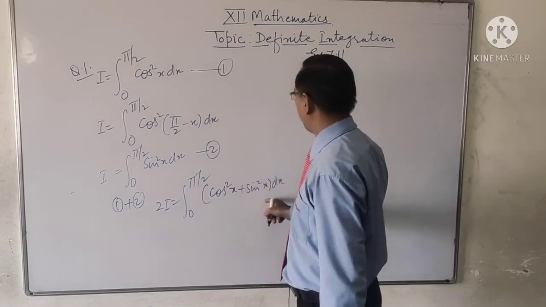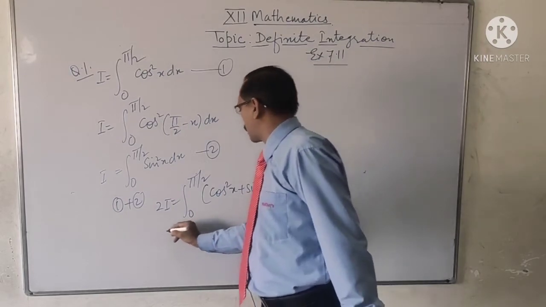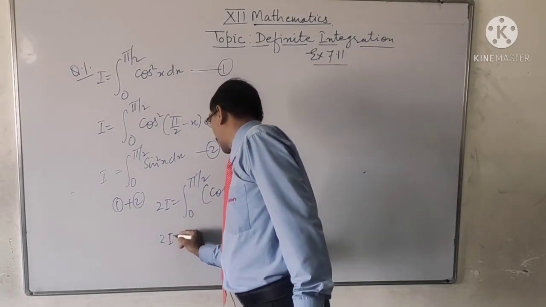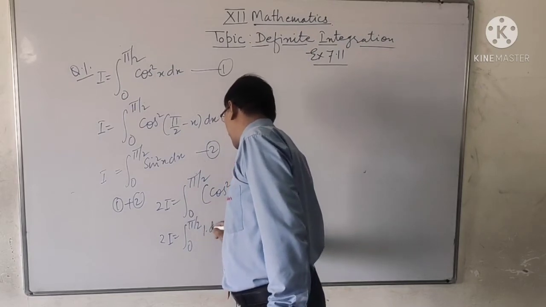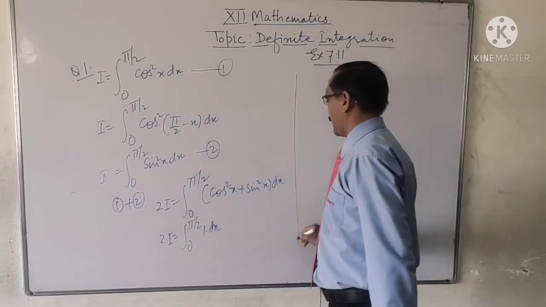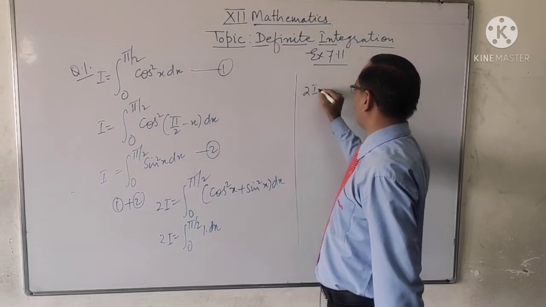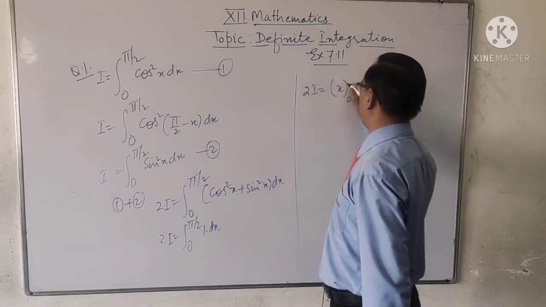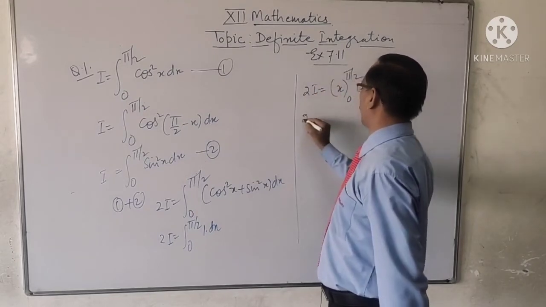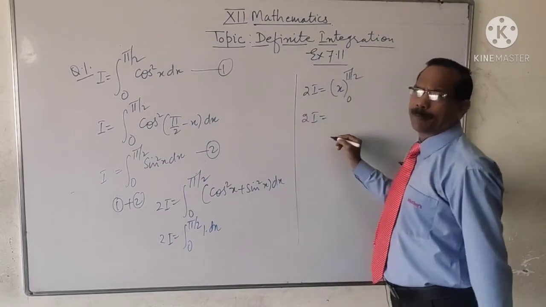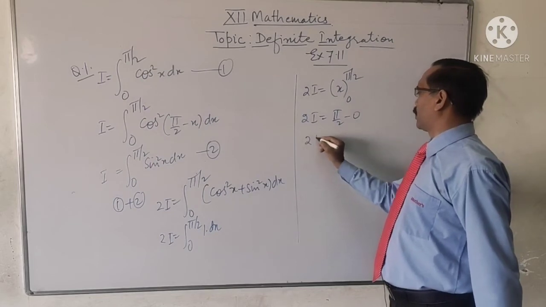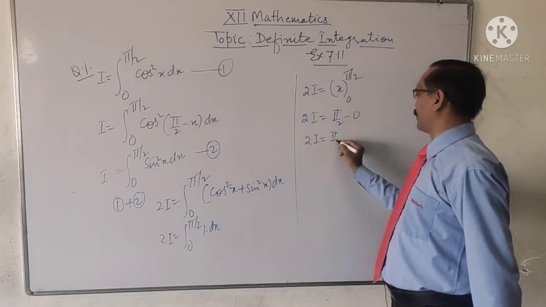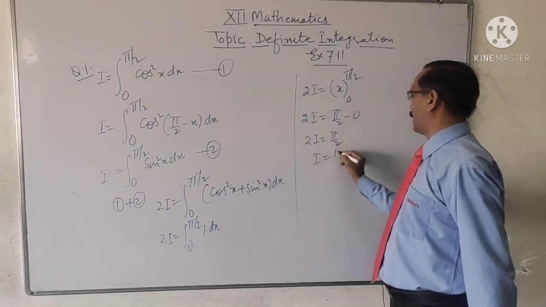Now it is 1. So 2I is the integral from 0 to pi by 2 of 1 into dx. Now the integration of dx is x, limits 0 to pi by 2. Then 2I equals pi by 2 minus 0, or 2I equals pi by 2, then I equals pi by 4.